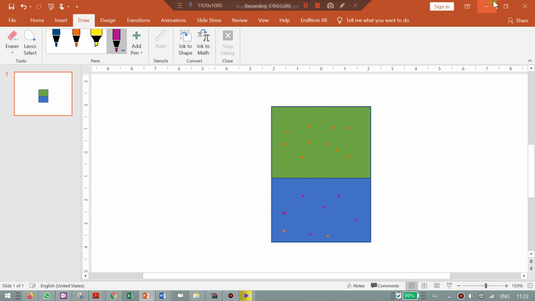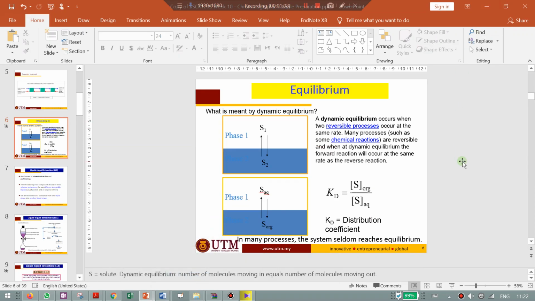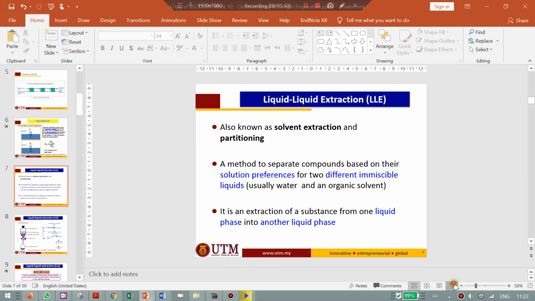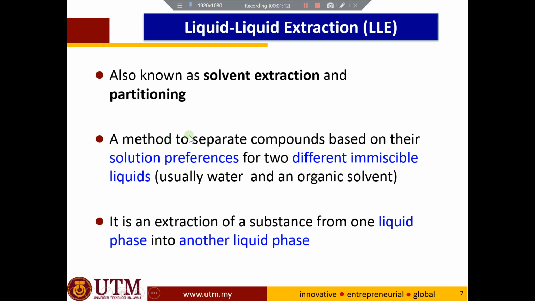That is why we call it a partition extraction technique. Okay, a method to separate compounds based on their solution preferences for two different immiscible liquids, usually water and organic solvent.